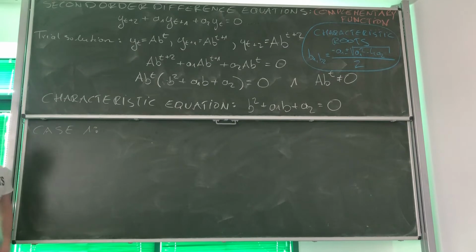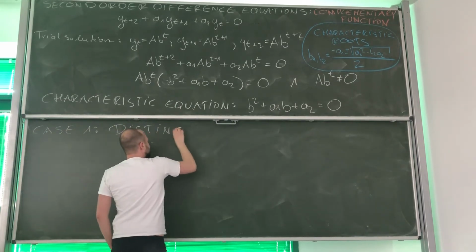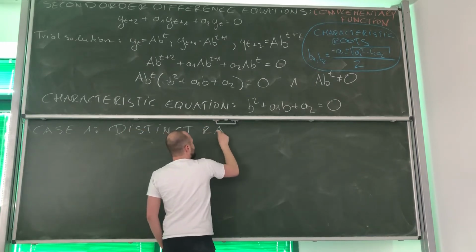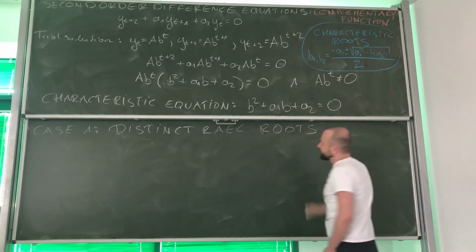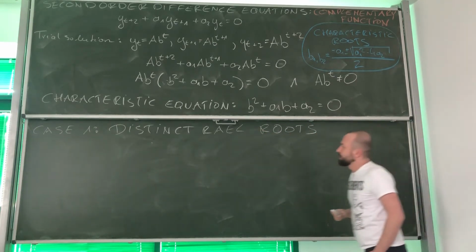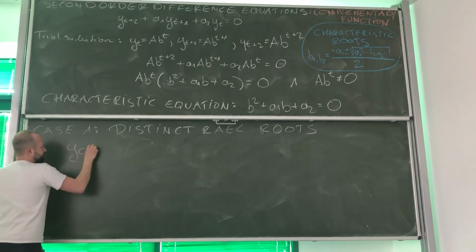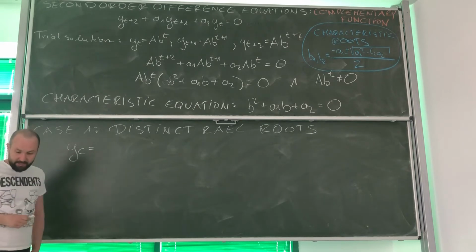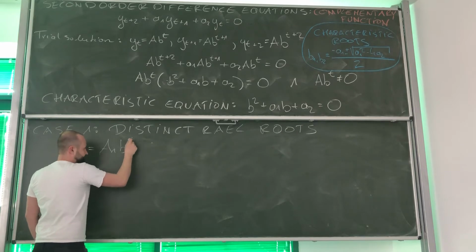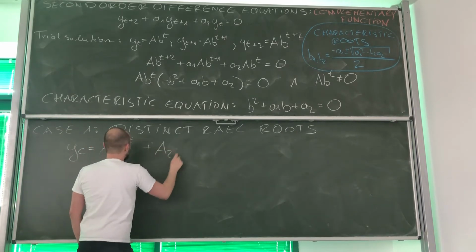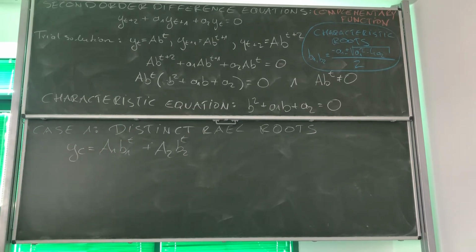The case number 1 is simply distinct real roots. Distinct real roots. Okay, look, in this case, complementary function is going to be A1 b1^t plus A2 b2^t.